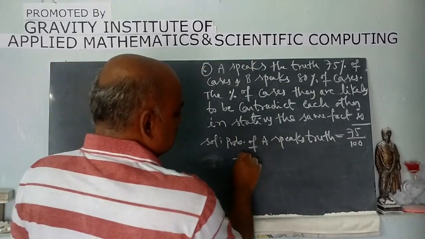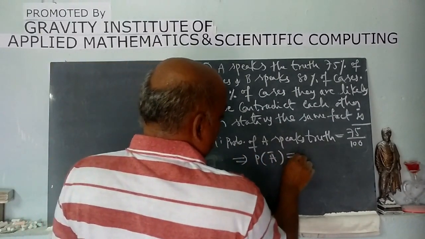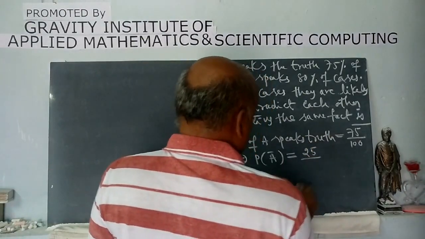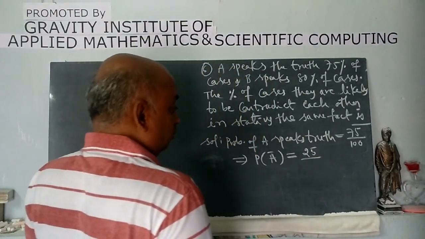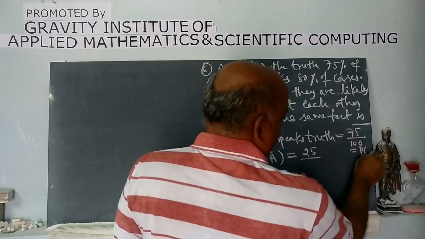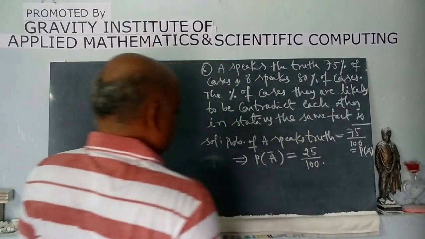This implies probability that A will not speak truth, which is P of A bar, is 25 by 100.